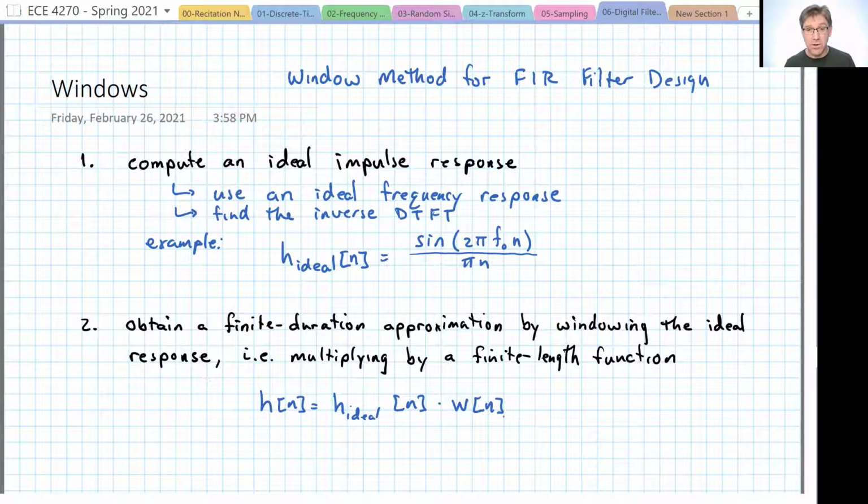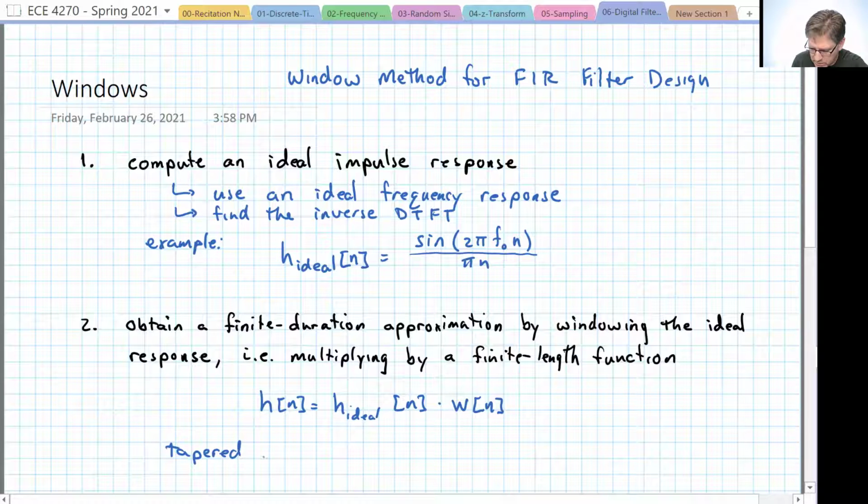So essentially we're multiplying most of h ideal by zeros, and the middle part we multiply by 1 for the truncation case, or something that works better is to multiply it by a tapered window. So tapered windows work best.